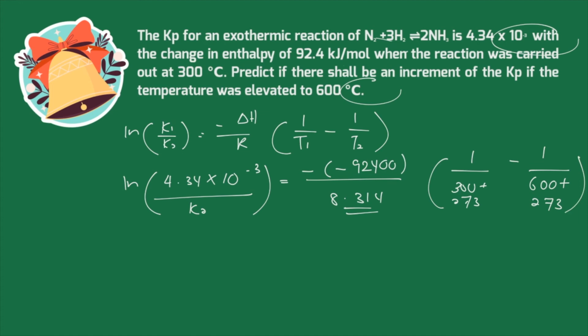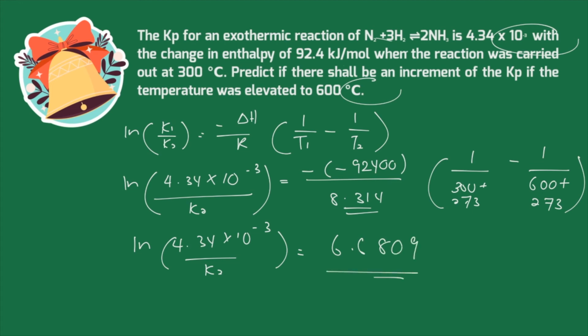So from here, what you get is your K2, right? So you have your ln 4.34 times 10 to the power of negative 3 over K2 is equivalent to 6.6809. So now you're going to remove this ln, so then it's easier for you to get your K2.